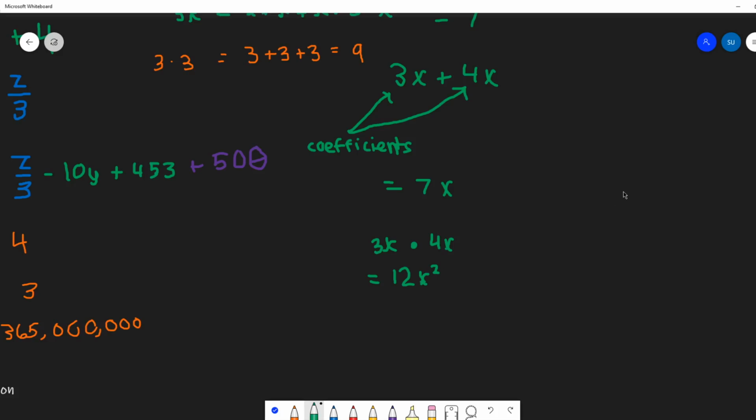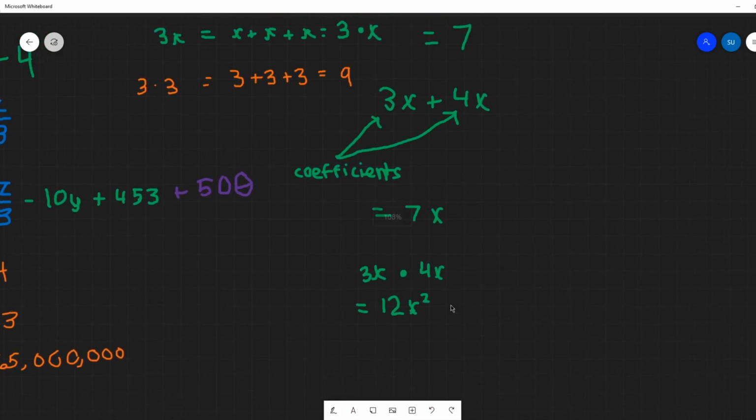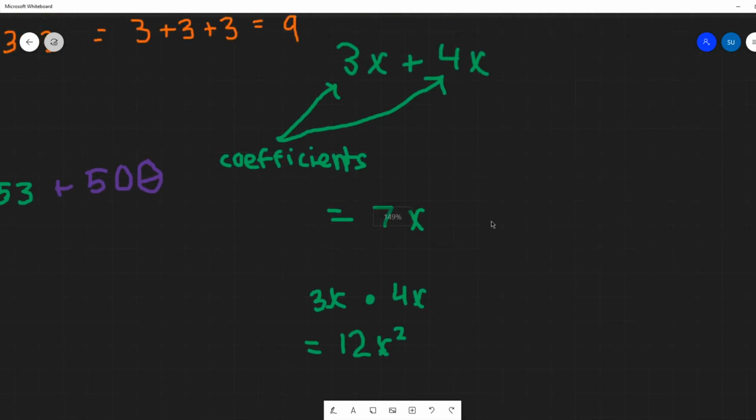But yeah, coefficients, when you're dealing with them and they're of the same term, oftentimes they will be combined together. And with multiplication, actually, it works even if the variable is different, but I digress.